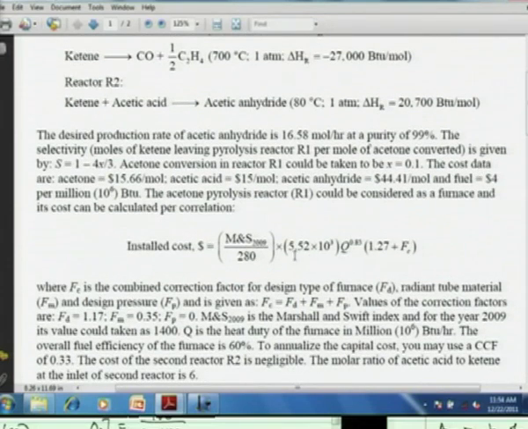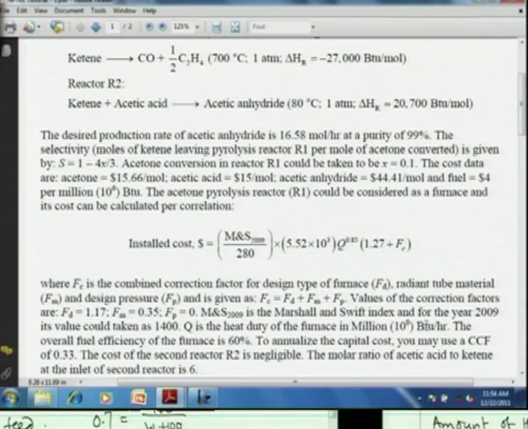This cost index times 5.52 times 10 to the power 3 times Q, which is the heat load in million BTU, Q raised to 0.85 times 1.27 plus Fc, where Fc is the combined correction factor for the design type of furnace. The correction factors are FD for the design type of furnace, the radiant tube material, and the design pressure.